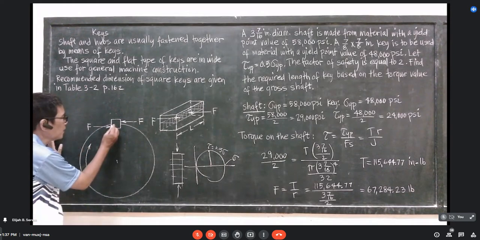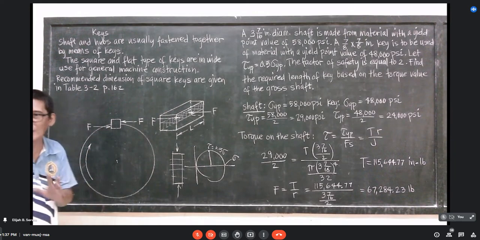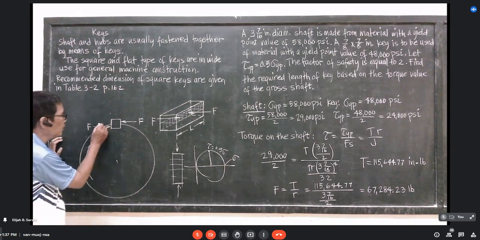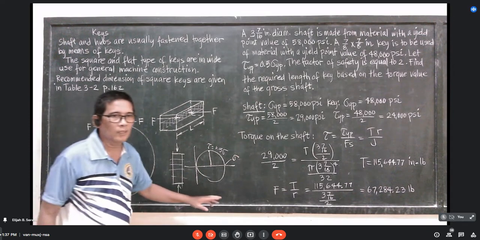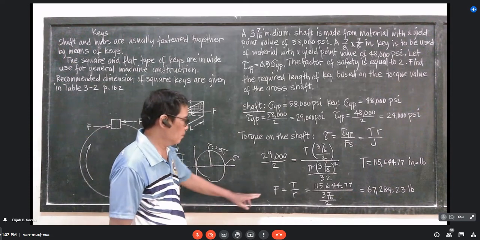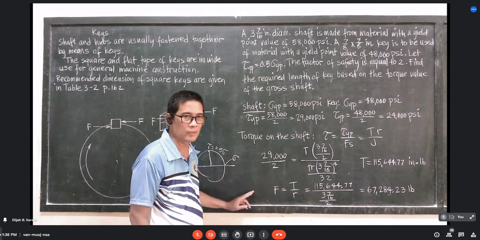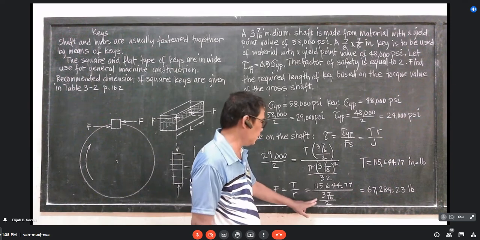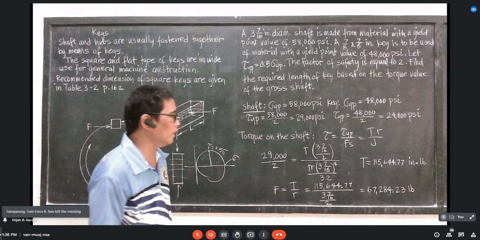That is a simplification of this solution. If you follow your PDF file, force is equal to torque over radius, because torque is force times radius. If you substitute the torque and the radius, you will get a force of 67,284.23.